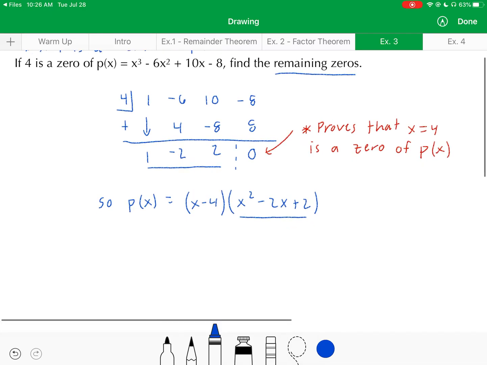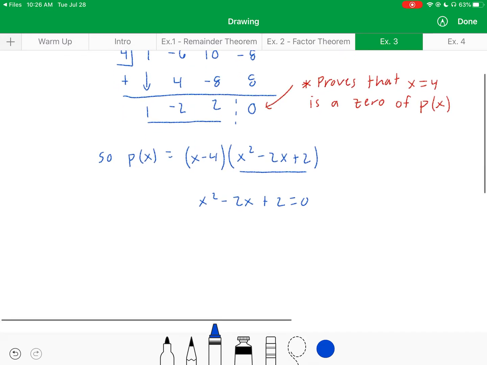If it did, those factors could lead me to the remaining zeros. So since it doesn't factor, I'm going to set that equation equal to 0, and I'm going to solve it either with quadratic formula or completing the square. To me, completing the square would be quicker on this one. So I'm going to subtract the 2 over. To complete the square, you would need half of -2, which is -1.